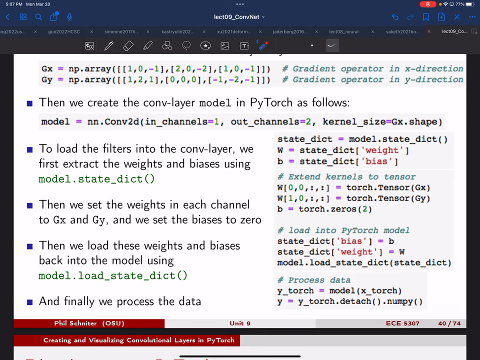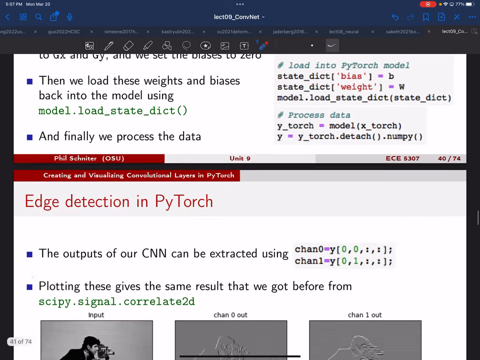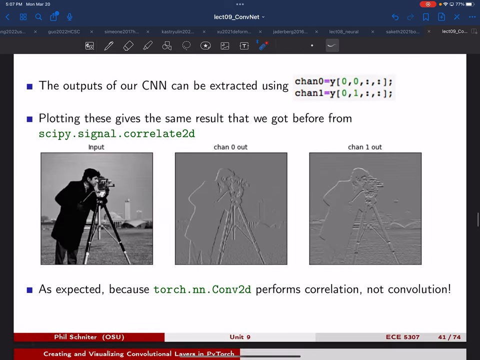In order to plot it, we have to bring things back to NumPy with this detach. But finally, when we're back in NumPy, we need to convert from these 4-way tensors back to 2-way matrices that we can plot, and we get these images just like we would expect.